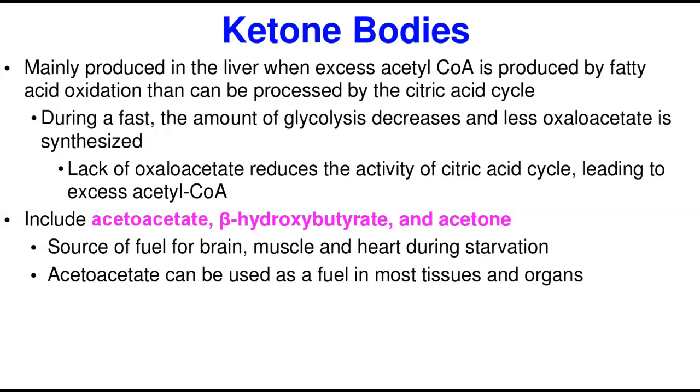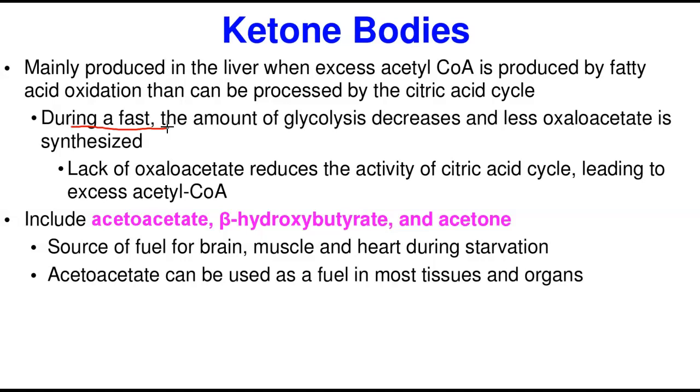There is too much acetyl-CoA that is not channeled into the synthesis of the molecules we call ketone bodies. This particularly happens during prolonged fasting. The amount of glycolysis decreases because there's not enough glucose. Glucose has to go to pyruvate, and pyruvate needs to be converted to acetyl-CoA, which combines with oxaloacetate to start the citric acid cycle.